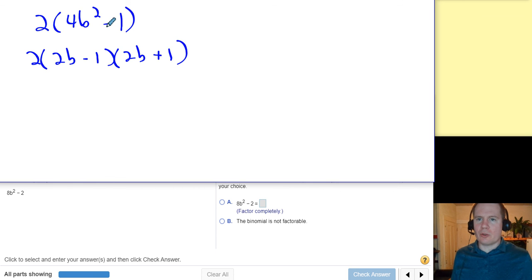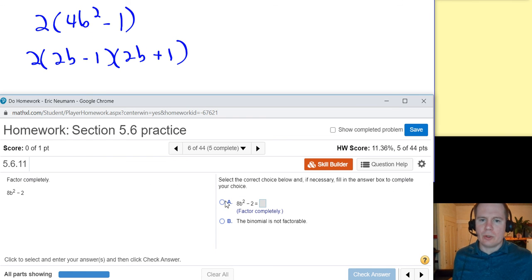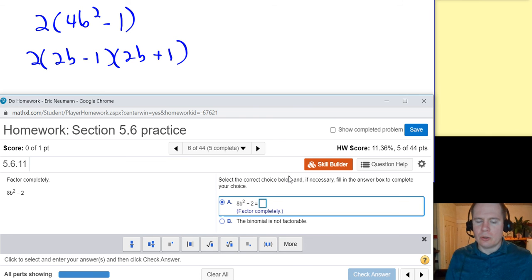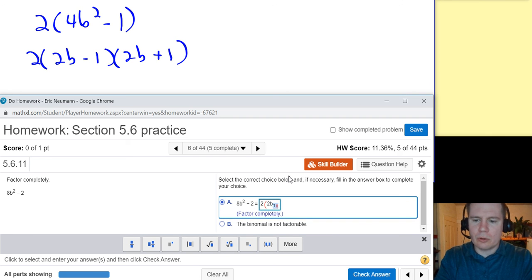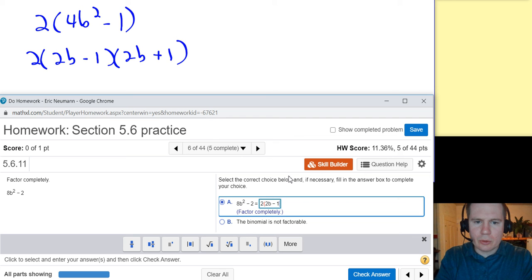And because there's no b term in the middle, I know I'm going to get negative 2b plus 2b is 0b, which is 0, so that cancels out. So here's our 2, 2b minus 1, 2b, whoa, what's going on here? Minus 1, 2b plus 1.